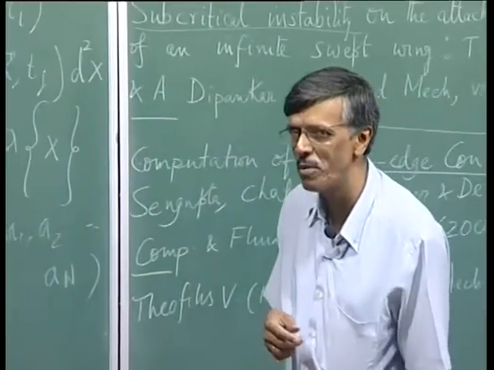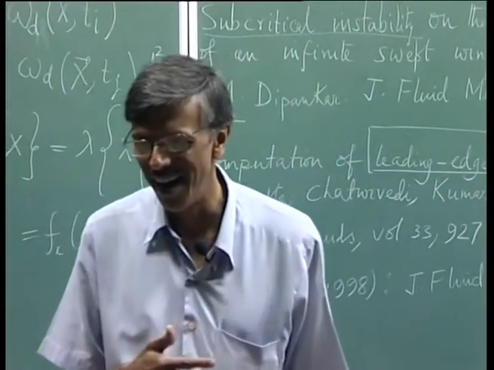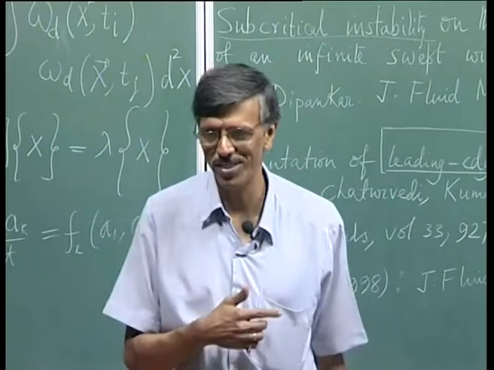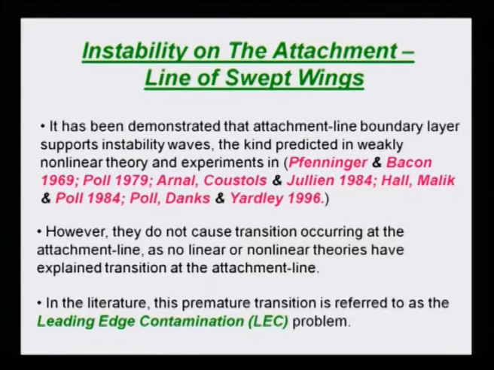They were trying to mimic our vortex induced instability scenario, and they were not successful. Now, the reason is easy to find out. We will talk about it as we go along when we talk about the various efforts that have gone in there.